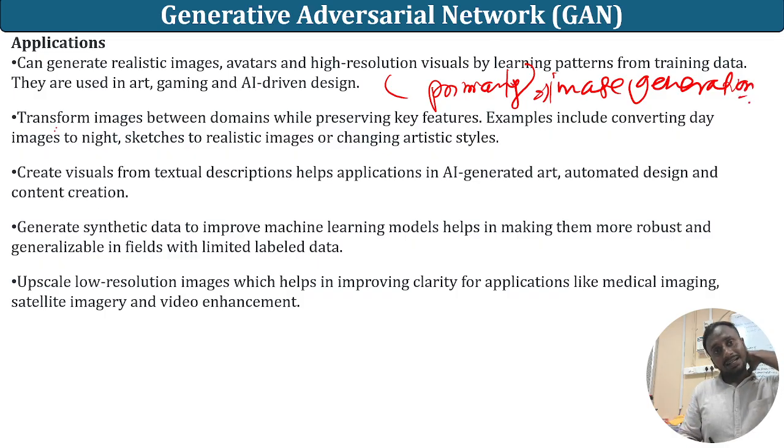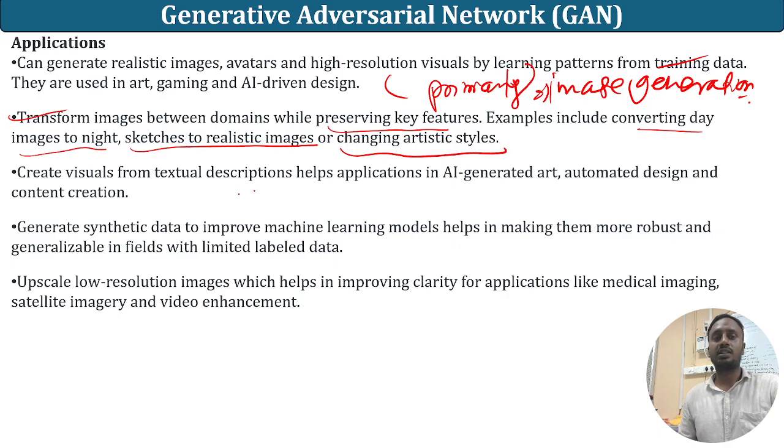It can generate realistic images and avatars in high resolution while learning the patterns from the training data. It can transform images while preserving the key features, for example converting day into night, sketches to realistic images, changing the artistic style. It can create visuals from textual descriptions. It's AI generated art or automated design.